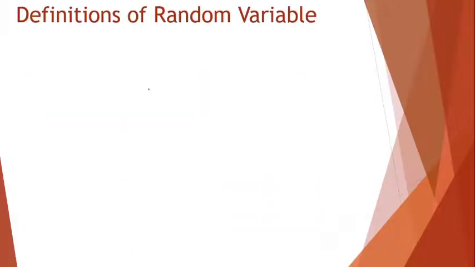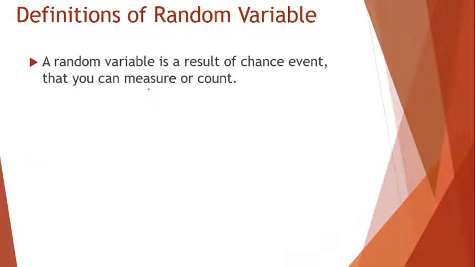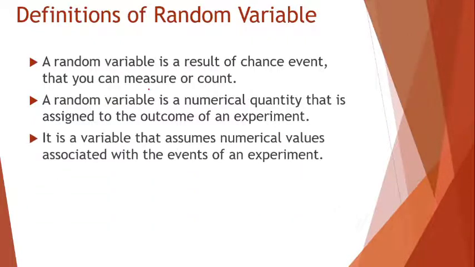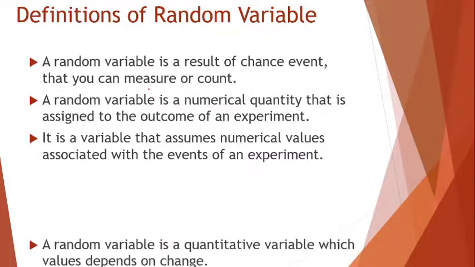We have the definitions of random variable. A random variable is a result of a chance event that you can measure or count. A random variable is a numerical quantity that is assigned to the outcome of an experiment. It is a variable that assumes numerical values associated with the events of an experiment.